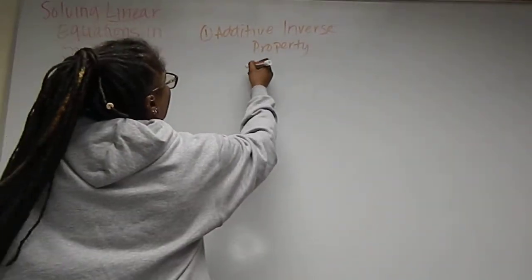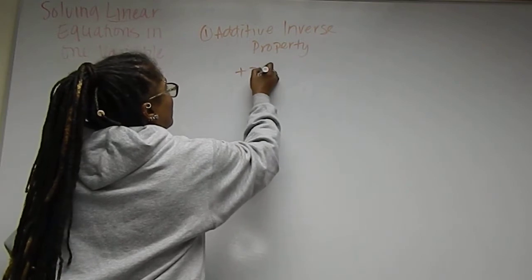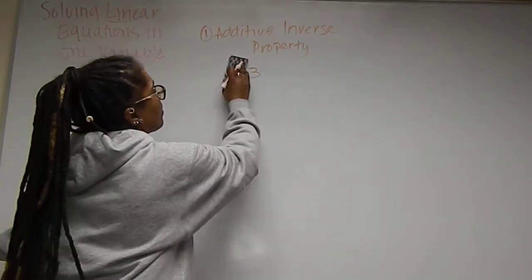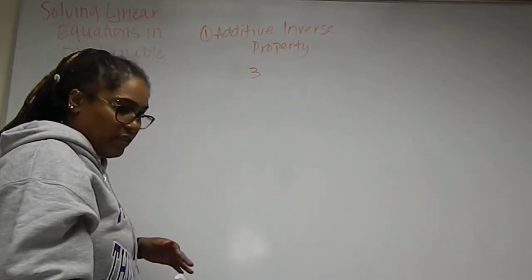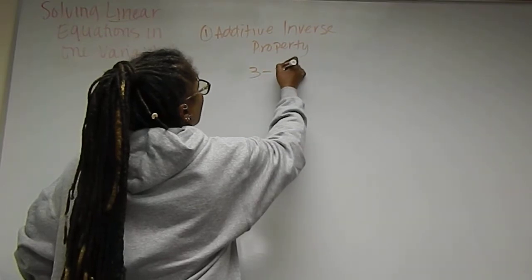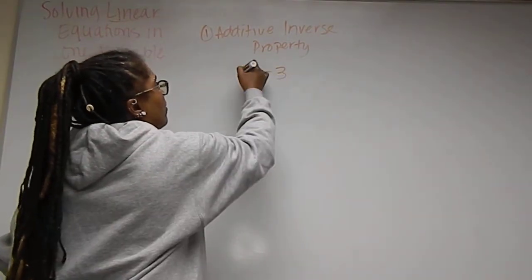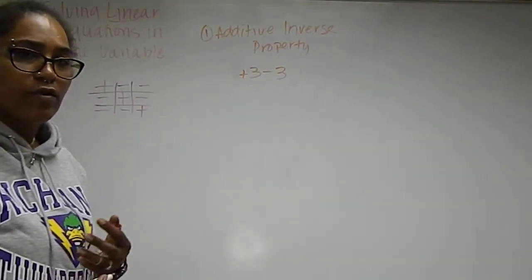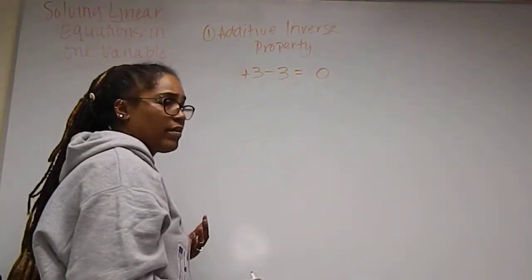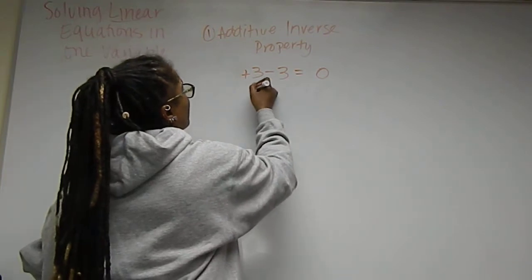That means you start with a positive 3, right? And what is the inverse? Inverse means opposite. And so a positive 3, we're going to say minus 3, right? A positive 3 minus 3, what's that going to leave you with? 0, right? So if you look this property up, you'll see it like this.